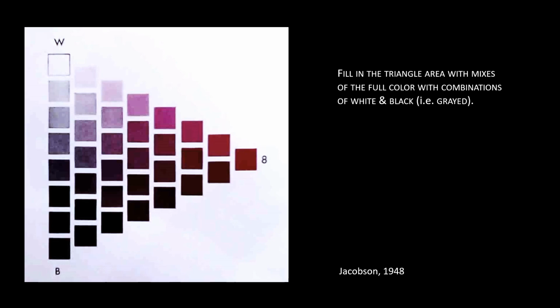And then once I have the triangles, I can fill in the space between by adding grays. And then once I have filled in the grays in a similar fashion to the previous slide, and move from the gray to the pure color, I am defining different levels of chroma.